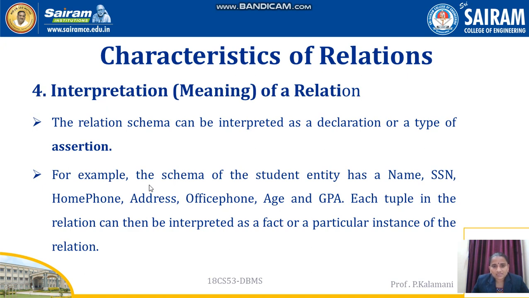Next is representing attribute values as nulls: if a value is not known, not applicable, or not available, we represent it as null. The last one is interpretation of a relation: each relation schema can be interpreted as a declaration or a type of assertion. The interpretation of a relation is important when we are naming a relation as well as attributes. Is this topic clear? Okay, thank you.